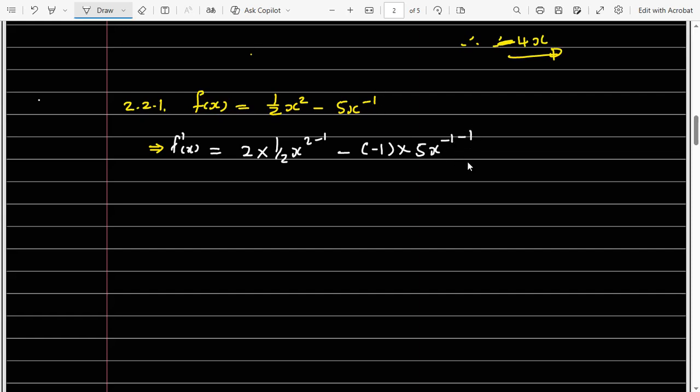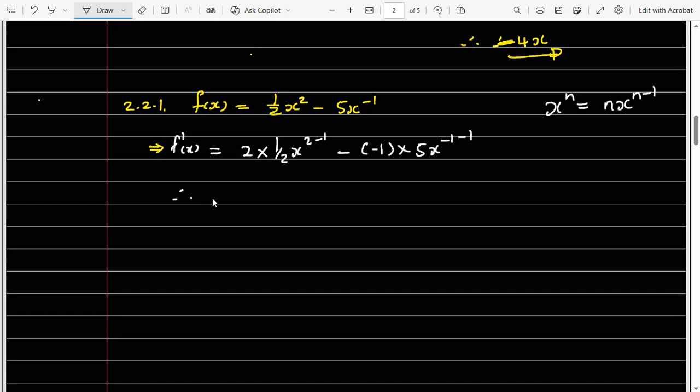So we are just using the rule that says the n comes in front of x and then we subtract 1 from the exponent. This is exactly what I did. I dropped the exponent, multiplied that exponent with the coefficient of x, then you subtract 1 from the exponent.